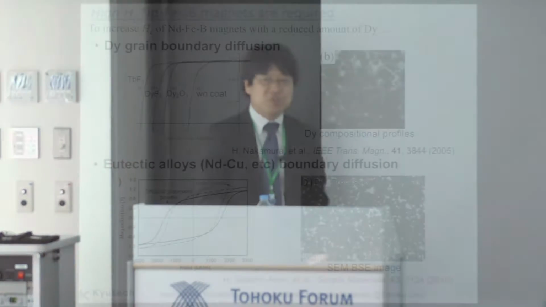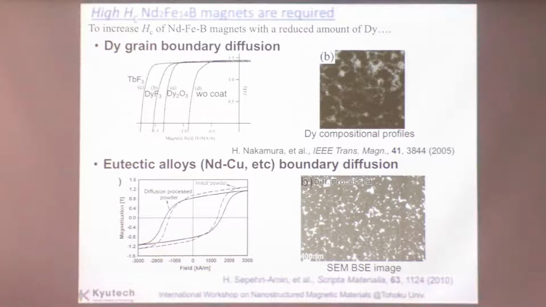As you know, high coercivity neodymium iron boron magnets with a small amount of dysprosium are required for electric vehicle applications. To increase the coercivity of neodymium iron boron magnets with a reduced amount of dysprosium, many studies have been carried out.